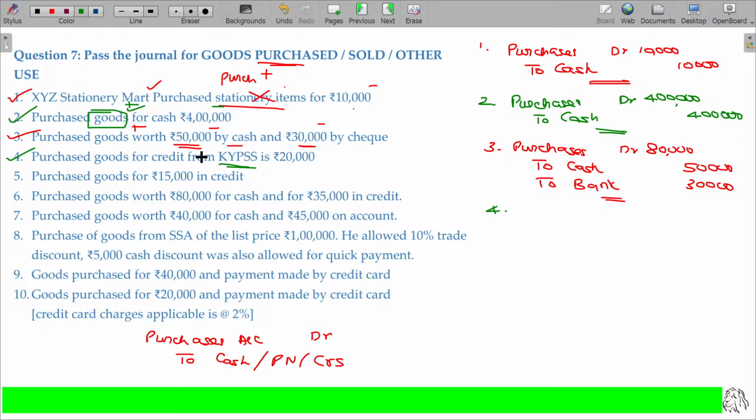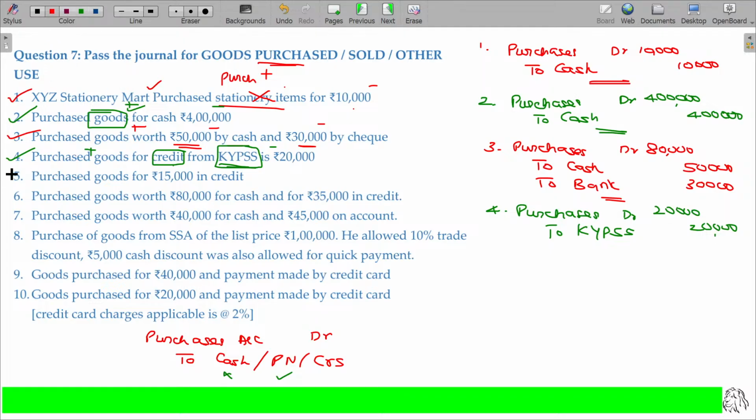Purchased goods for credit. So purchases will always be debit. In case of credit, we cannot write cash. Next preference goes to the name of the party. The name of the party is given here, minus. Is that clear? So the journal entry being purchases account debit to KIPS. Okay, the value being 20,000. If the name is missing, then you can use the common name, creditors. Right.